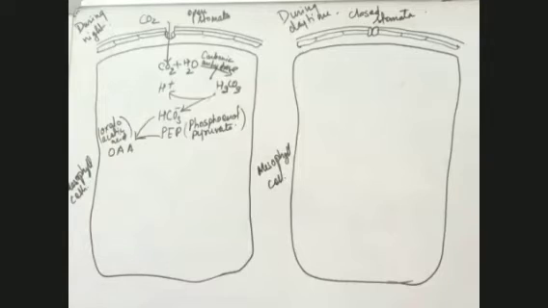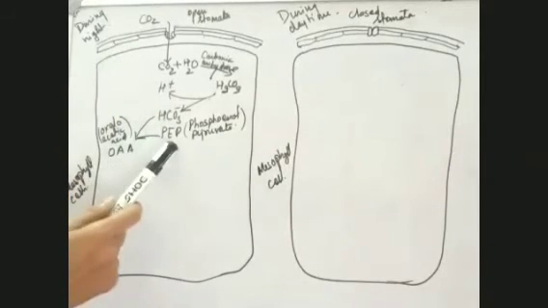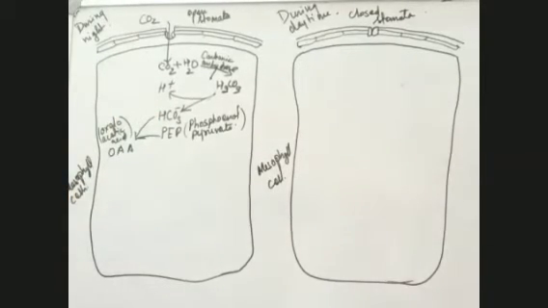When HCO3 is accepted by the acceptor, you know in the C3 cycle there was another acceptor, RuBP. In the C4 cycle, it was again PEP. Here also the first CO2 acceptor is PEP, and the first stable compound formed is oxaloacetic acid.